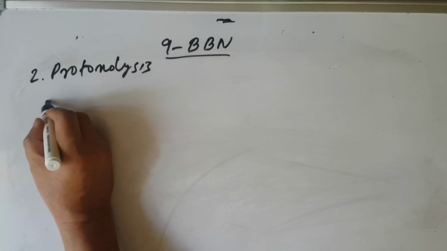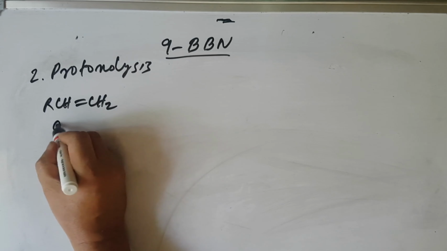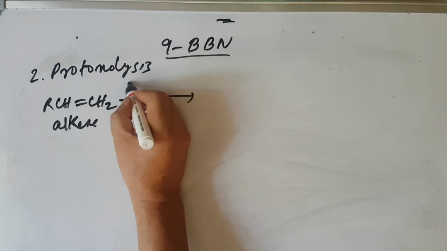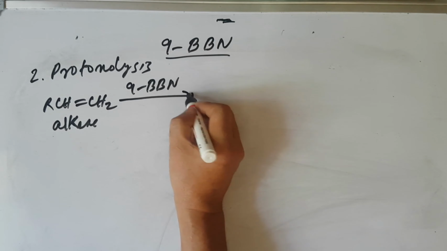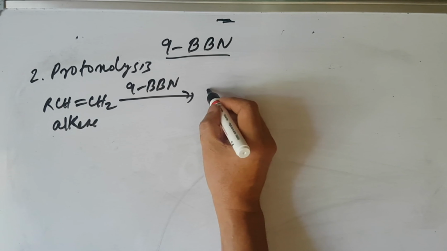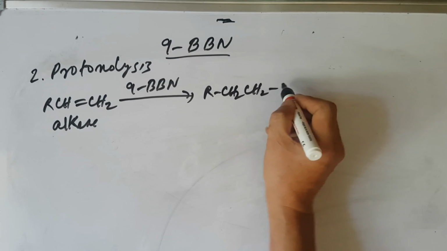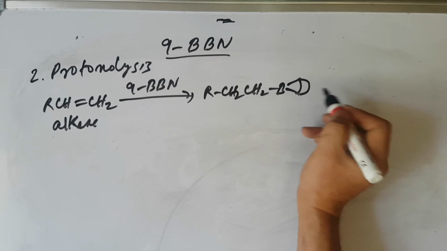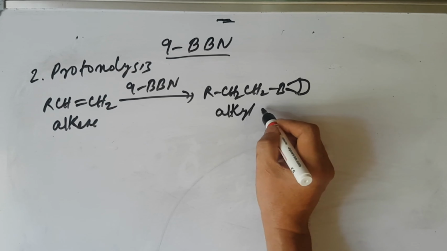First, take the alkene, then hydroboration with 9-BBN takes place. Then we get this alkyl boron, the hydroboration product.